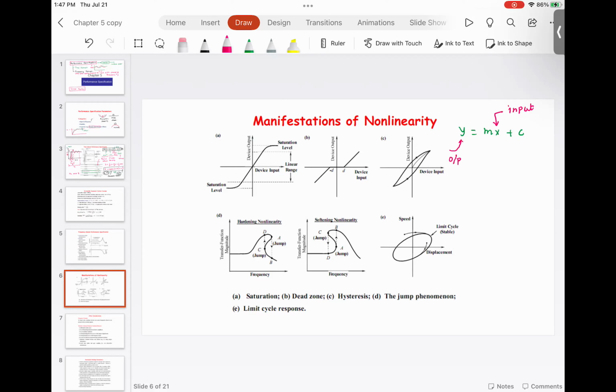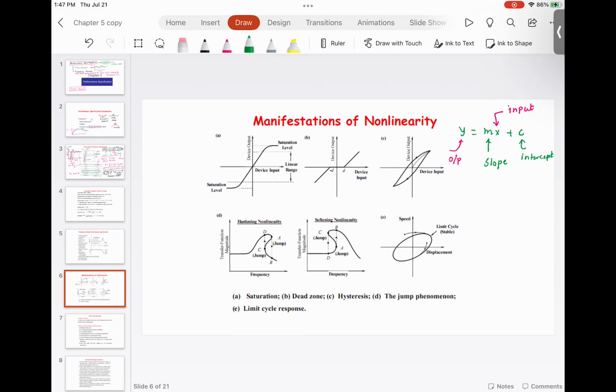In high school, we understand m is the slope. Do you agree with me? m is the slope, and c is the y-intercept. Do you agree with me?